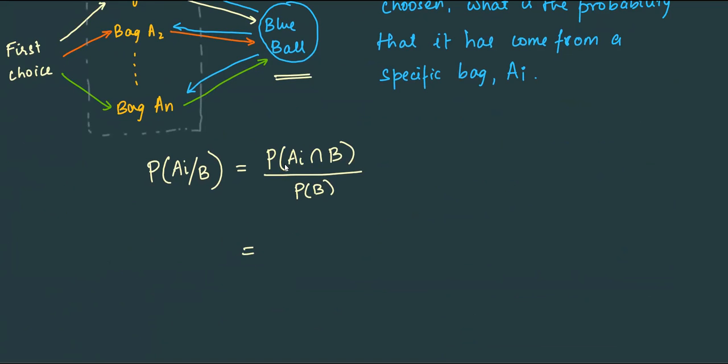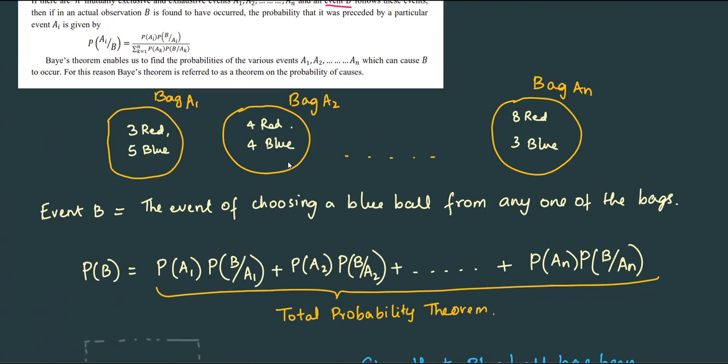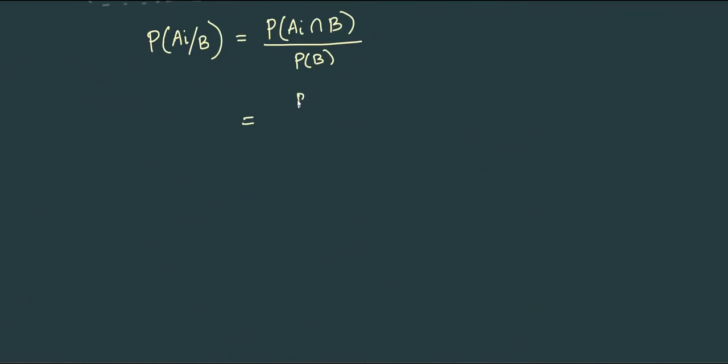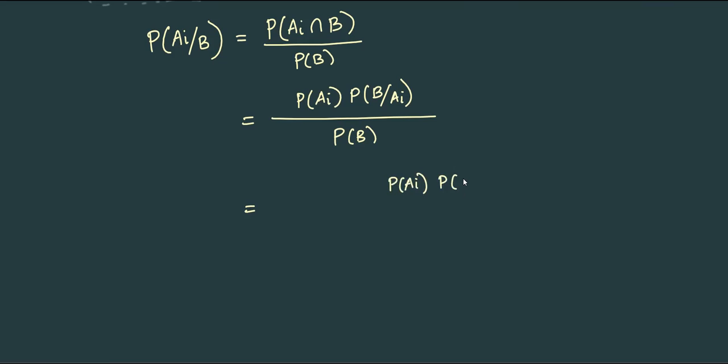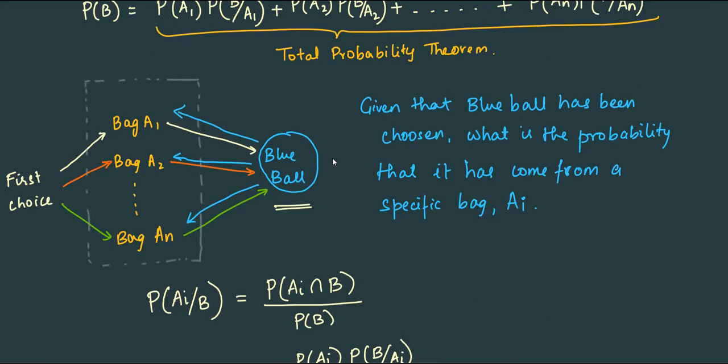Now I will reverse the logic here. From the multiplication theorem, AI intersection B is the probability of choosing the ith bag first and selecting a blue ball from it, divided by P of B. So this is P of AI into P of B given AI, divided by P of B. What was P of B here?